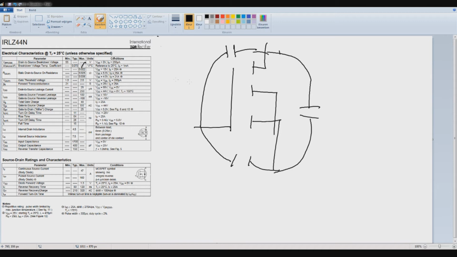This is some capacitance, and this total gate charge is the charge that is being held at the gate. It doesn't make sense yet, but it's very important, especially in high frequencies. What this means, well, I can better explain it with an analogy.